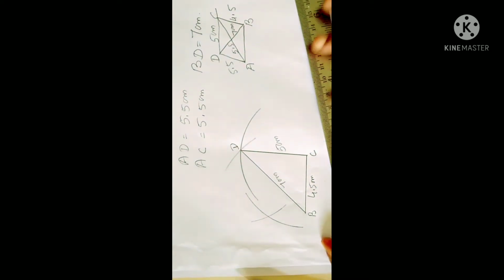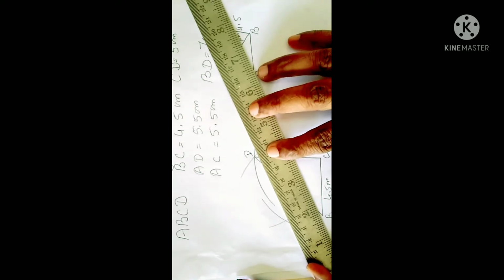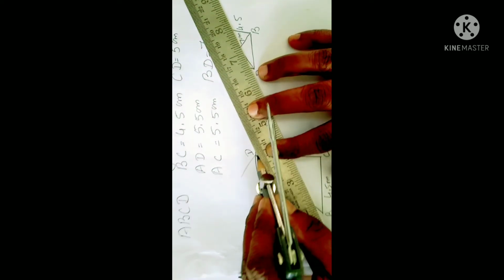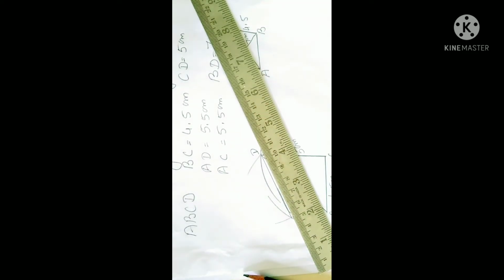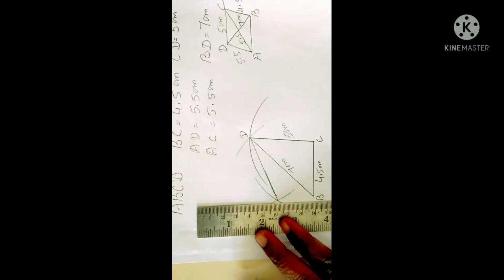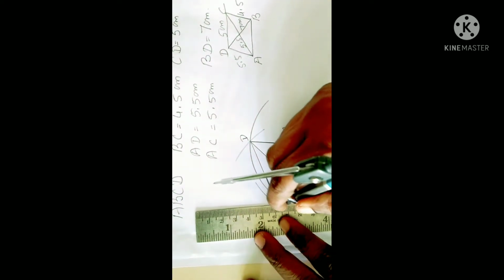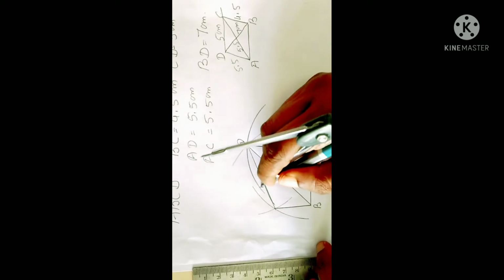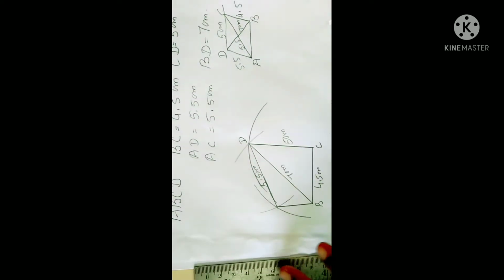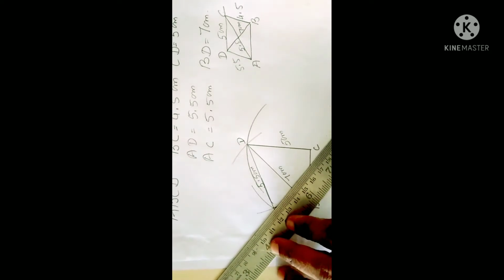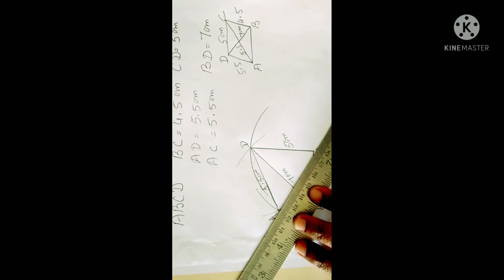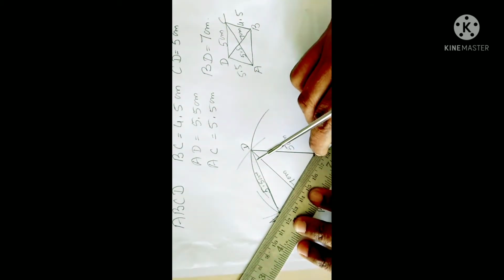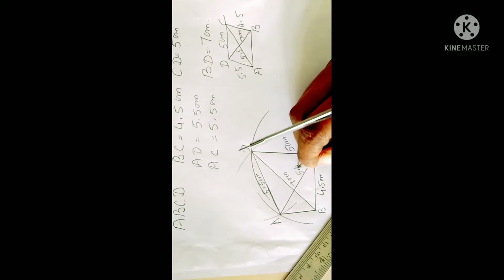So we got the point A, and then join A to D and A to B, and this is 5 centimeter, 5.5 centimeter, and also this point is A. So, AC is also 5.5. Okay. So, the diagram is ready.